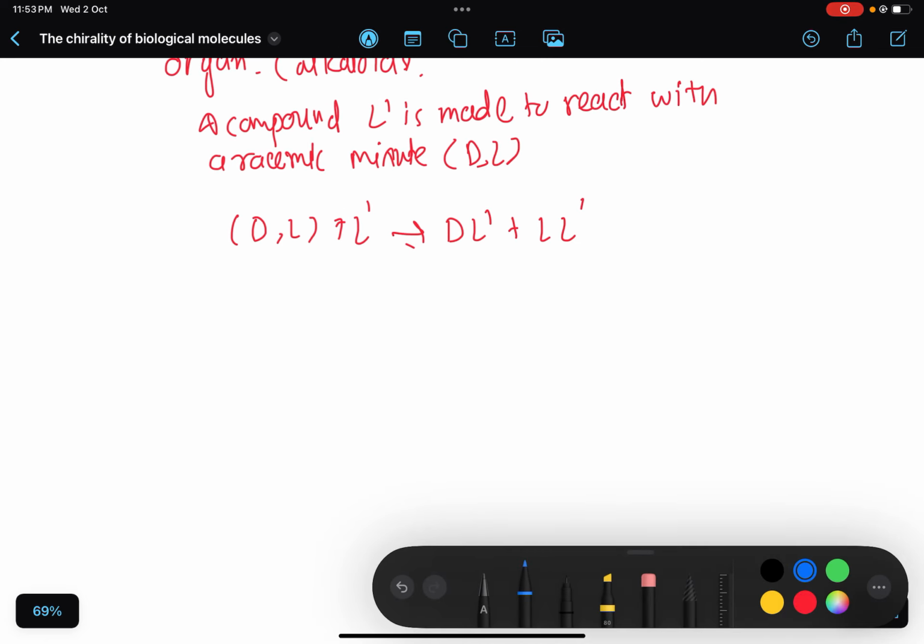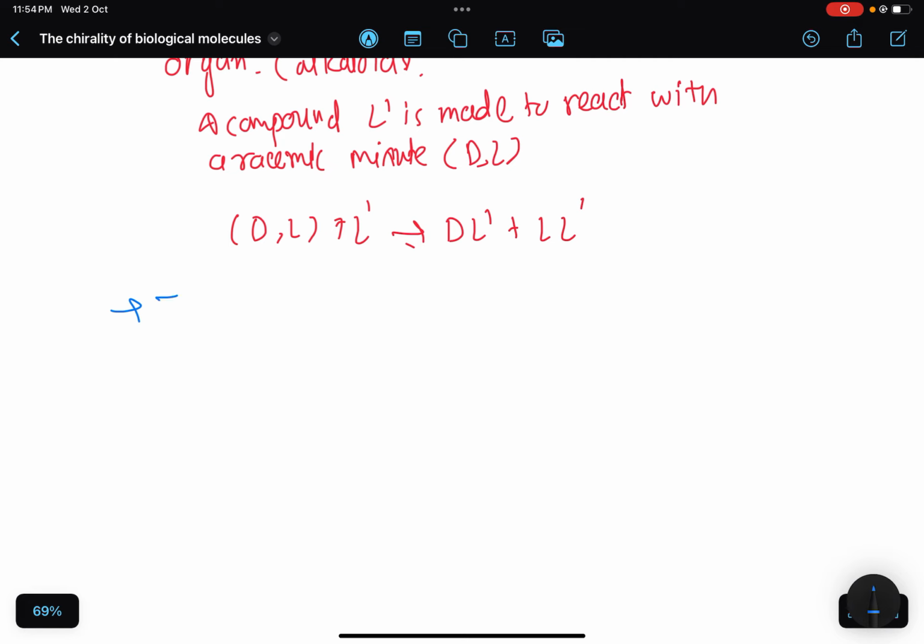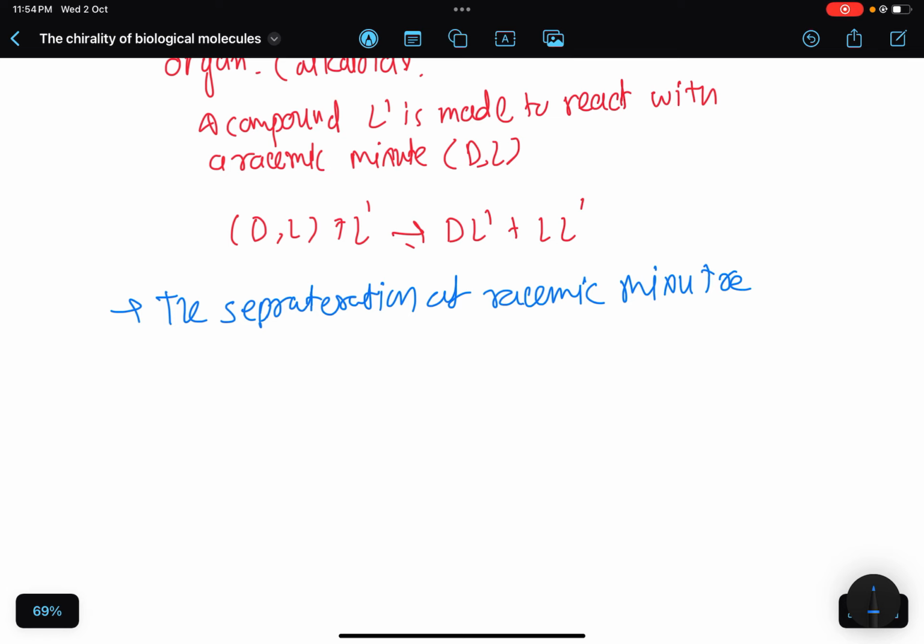Then comes the separation of the racemic mixture into its two constituents.